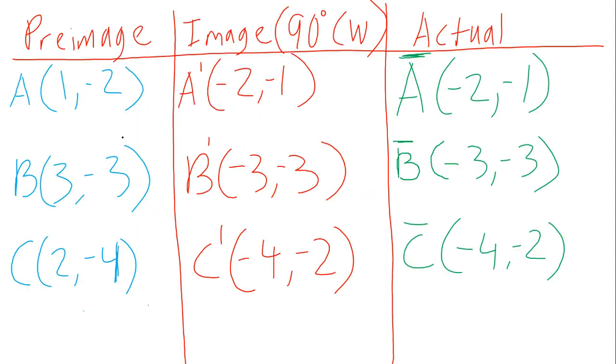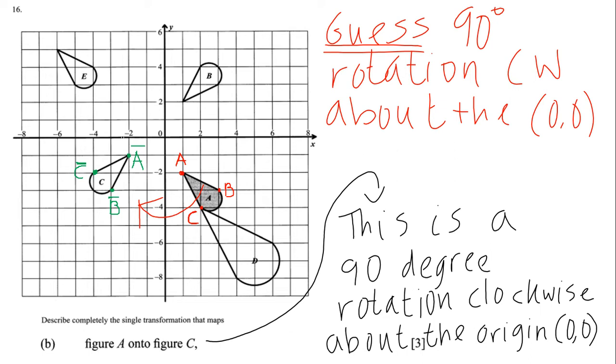All right, so let's go back to this. You must state that it's a 90-degree rotation clockwise, and you must state that it's about the origin. Why did you put in brackets 0, 0? That's what the origin is.